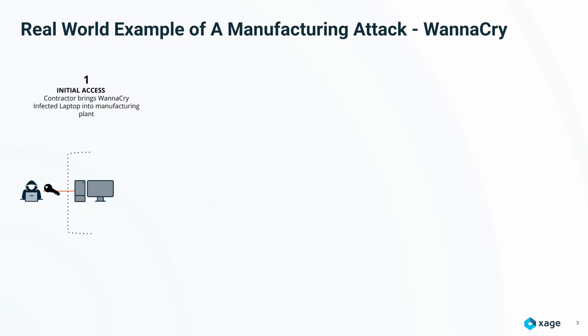But the fact of the matter is that a lot of them get left vulnerable to even rudimentary or simple forms of malware. Even old malware becomes new again in the manufacturing environment because maybe signatures have dropped out of antivirus. A lot of these devices aren't able to run antivirus or run agents, so they have limited protection. So it's very easy for malware to get that initial access.